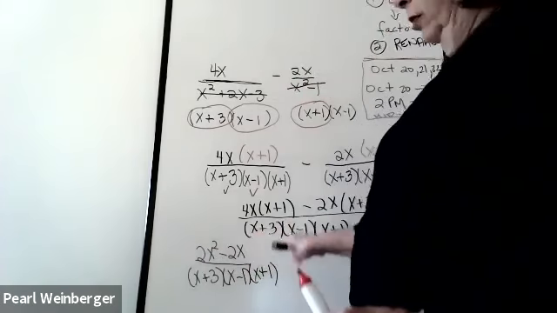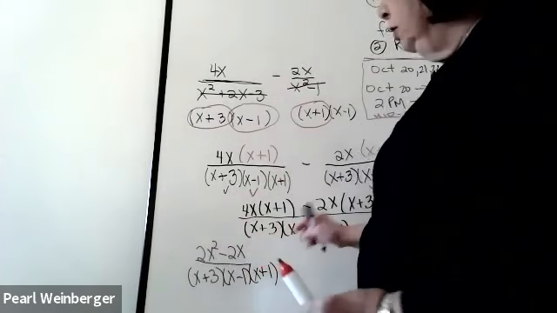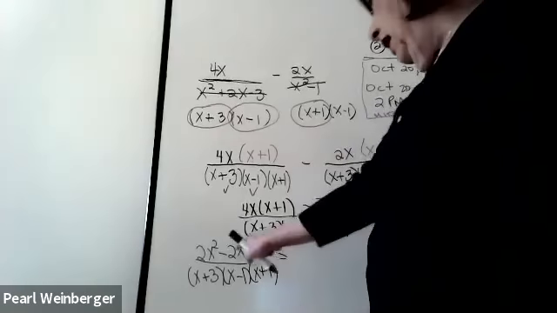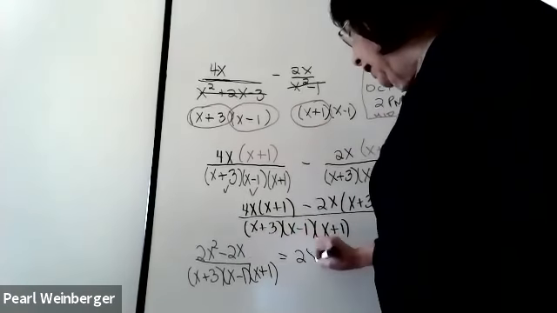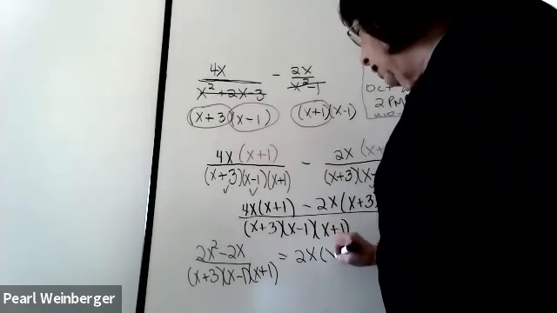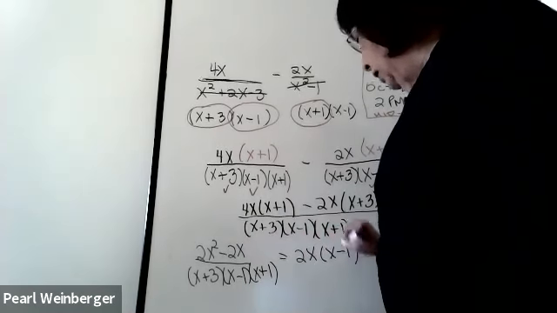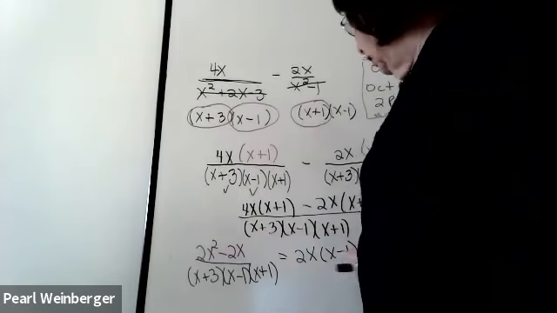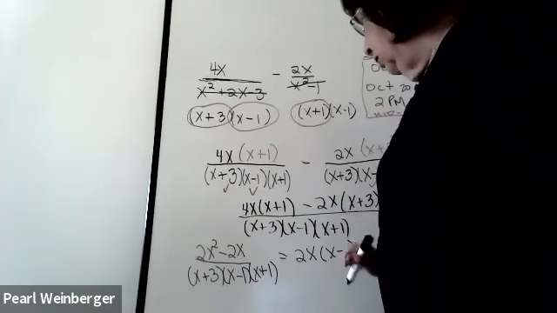And now that I've combined all the terms in the numerator, I can factor my numerator. It has a common factor of 2x. It's 2x times x minus 1, because 2x into 2x squared is x. 2x into 2x cancels out, so it just leaves me 1.